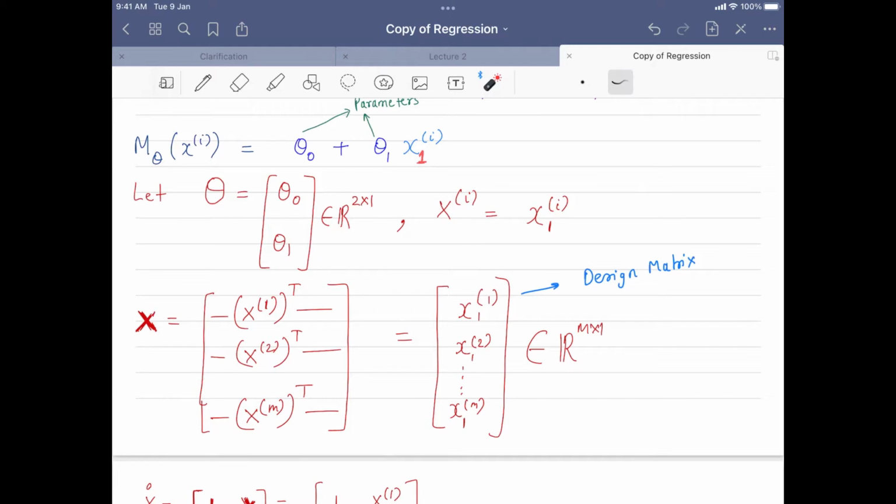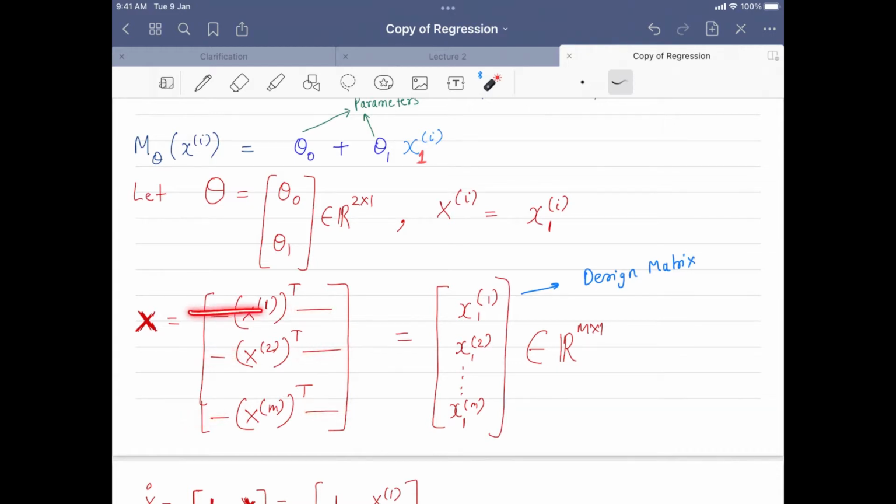So we will cascade these transposes of the vectors for all the samples. Right now we have m samples here. If you recall from our earlier convention for this problem statement, we had m training samples. We will put them on top of each other in rows like this.